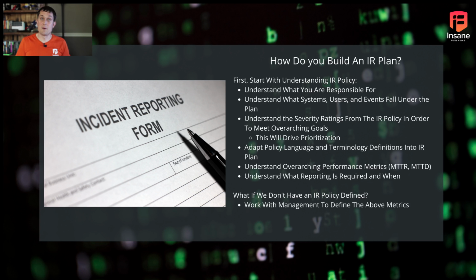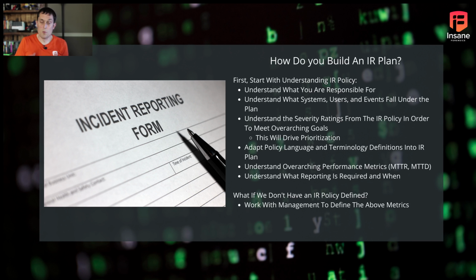Another component of the incident response policy is that it's going to define severity, and specifically the severity that management really cares about. When you get into defining severity in an incident response plan, it's important to know the severity defined in that policy, because your severity is going to inherit from their severity. In some cases, they might say, if you get an incident here, it is this severity because of the criticality to our business operations.